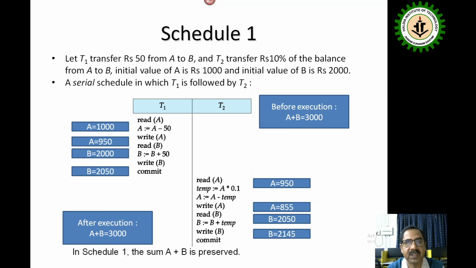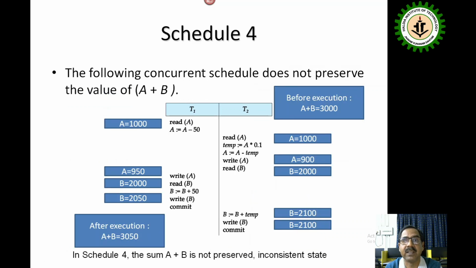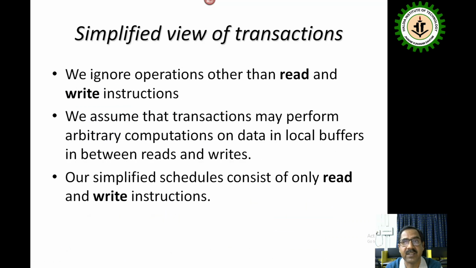For the sake of simplicity, we may ignore this statement, but the read and write operations must be there. Similarly, B equals B plus 50 we may ignore. Temp equals A into 0.1, A equals A minus temp, B equals B plus temp, these computational steps we ignore. We only consider the read and write operations.